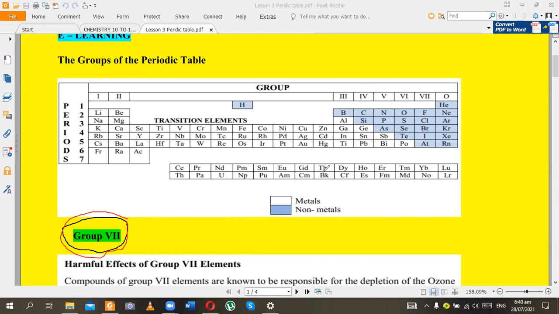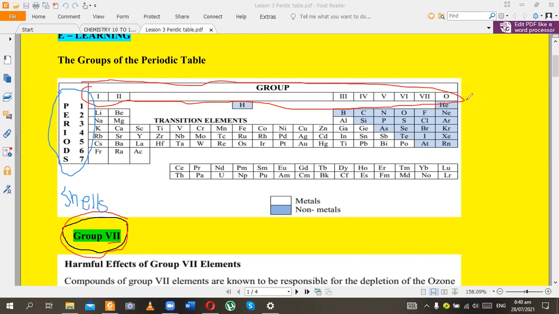Now, taking into consideration that other people might have seen this video without seeing the previous one, let's talk about group 7. Which ones are they? You see these numbers here? These numbers are representing the group number. And these numbers on your left are representing the periods, which are determined by the number of shells occupied by the electrons.